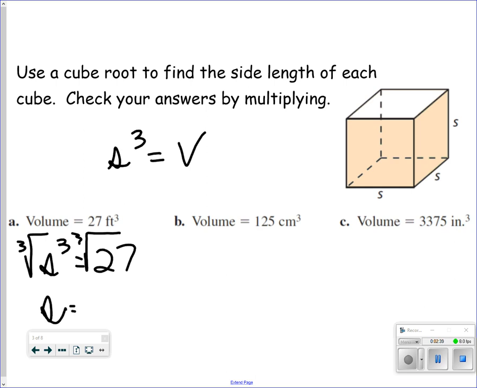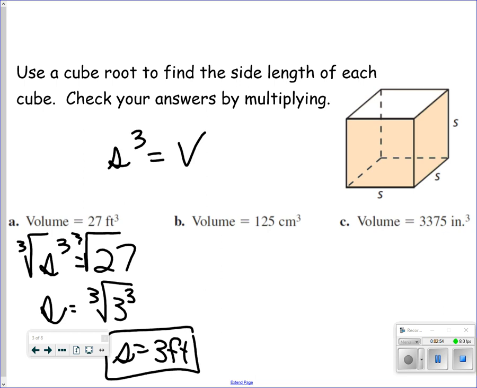That gets the s by itself. Now I need to rewrite 27 as something to the third power. 27 is 3 times 3 times 3. So this side would have to be 3 feet.